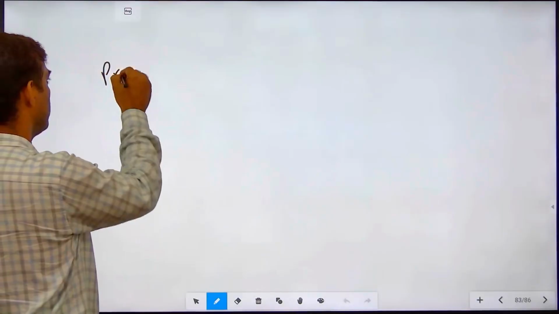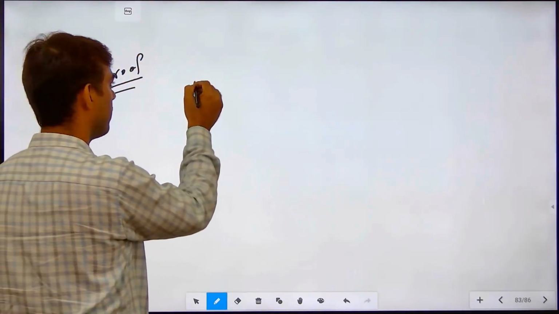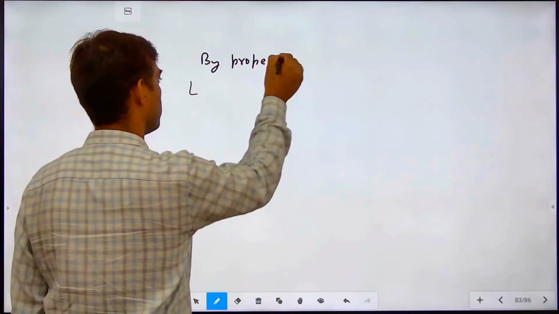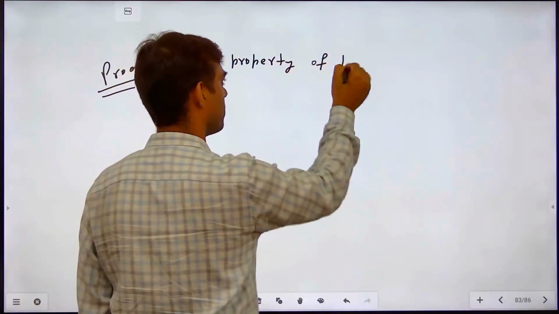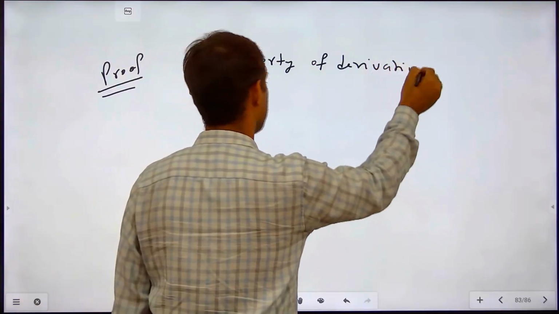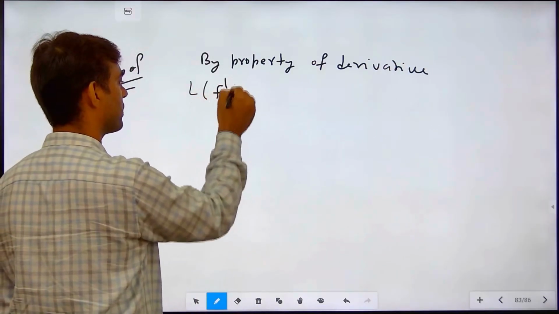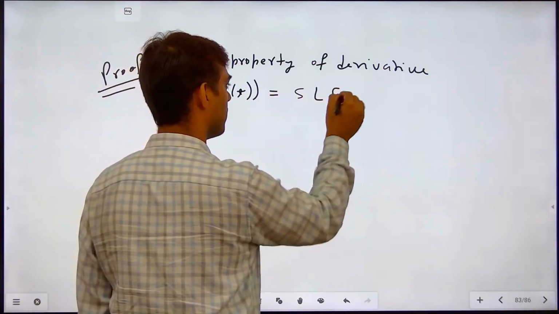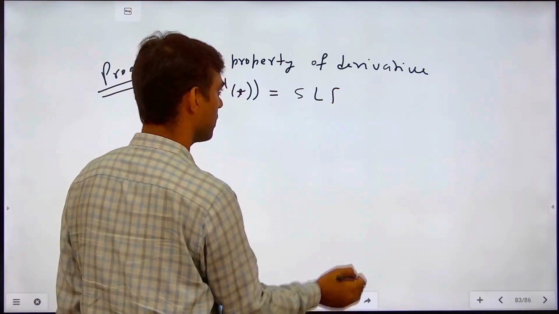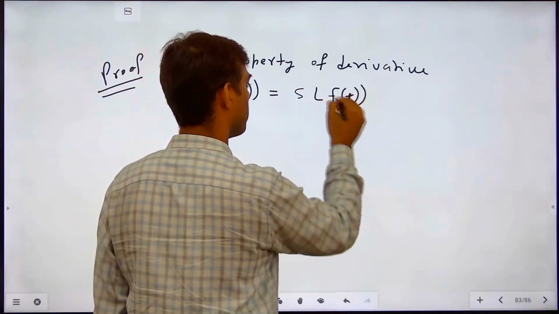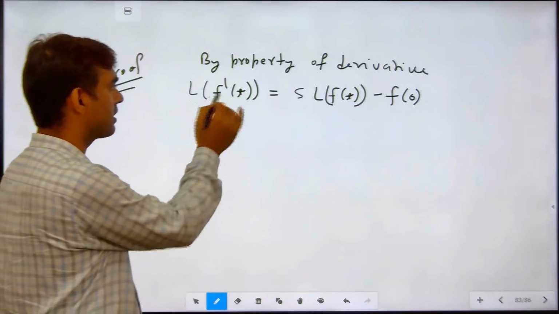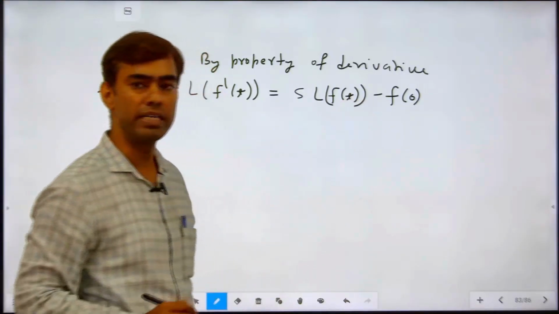By the property of a derivative of a Laplace transform, we are able to write the Laplace transform of f dash t equals s times the Laplace transform of f(t) minus f(0).